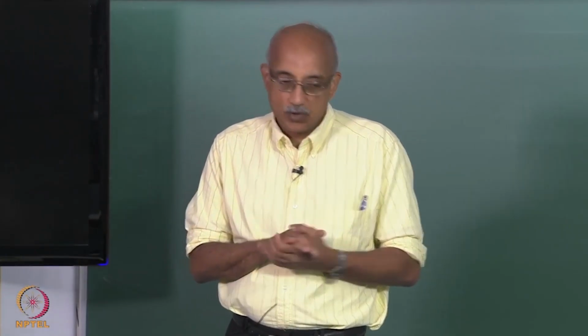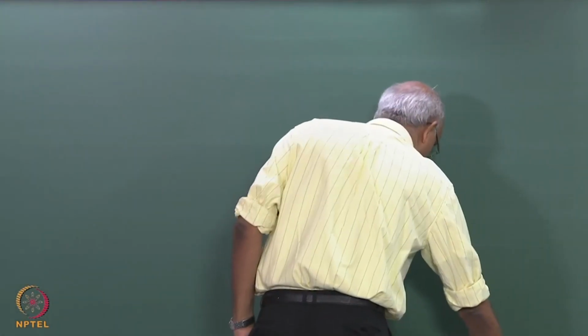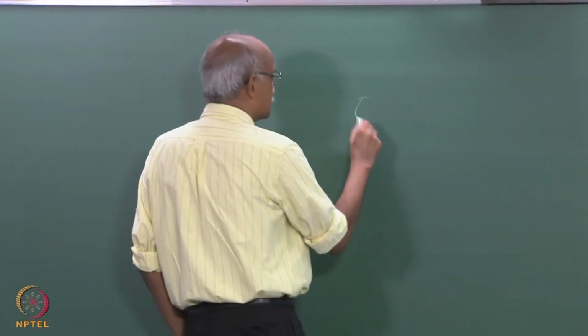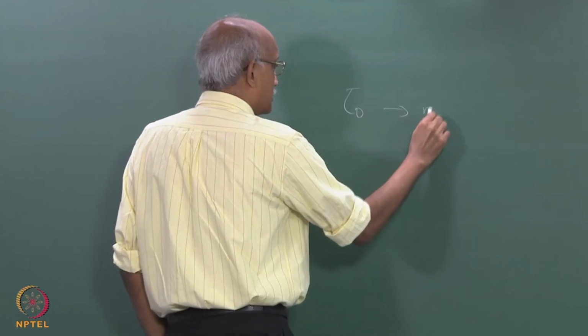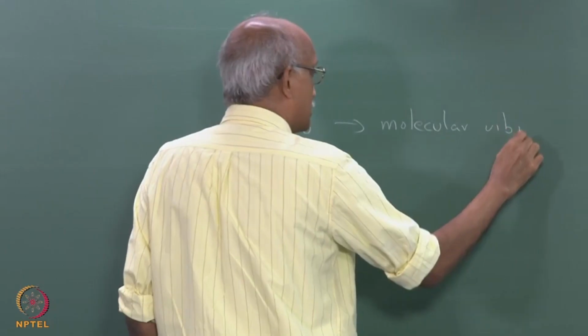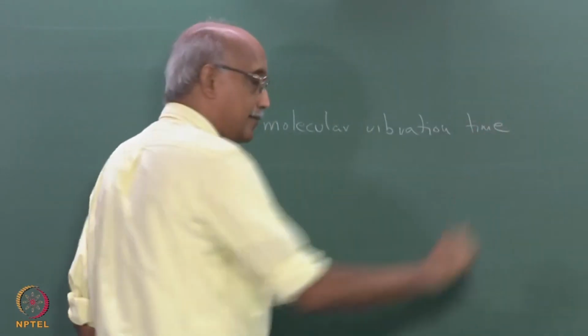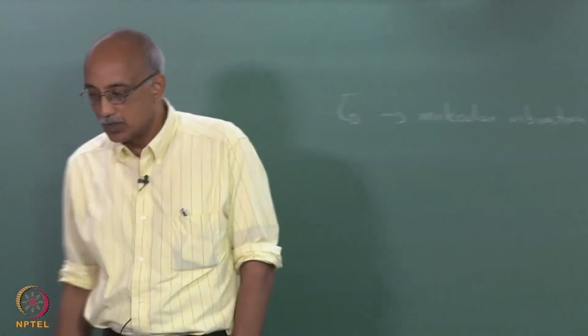So, if you call that time some tau 0, this is the molecular vibration time on the substrate, a characteristic time for which the molecule sits and vibrates on the surface.